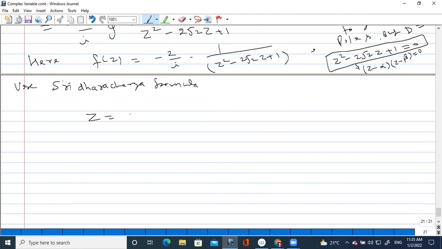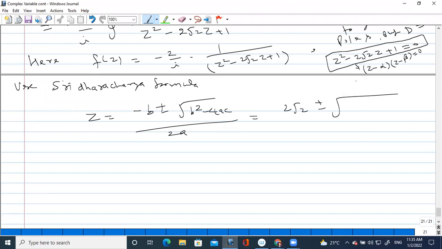So your Z will be minus B. B is here already minus, so minus minus will become plus. Minus B plus minus under root B square minus 4AC divided by 2A. That formula I'm using. So B is already minus, so minus minus plus 2 root 2 plus minus under root B square is 2 to the 4 into 2, 8 minus 4AC. 4A is also 1, C is also 1.